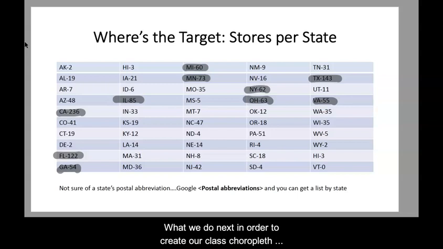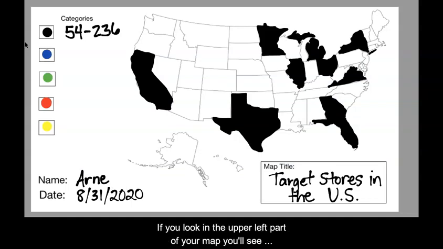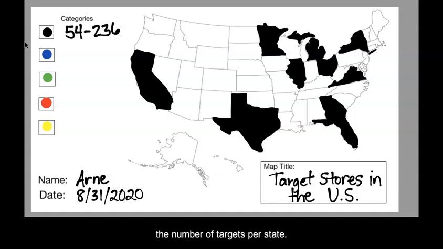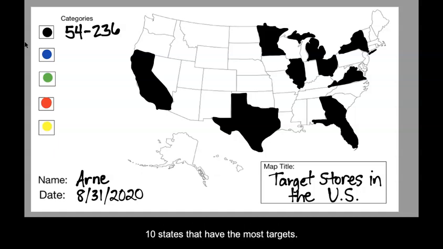What we do then, in order to create our classed choropleth map, is we're going to need to establish ranges first. So if you look in the upper left part of your map, you'll see categories and 5 boxes. We're going to create 5 different ranges of the number of targets per state. And so the darkest at the top, the black, is going to represent the 10 states that have the most targets.